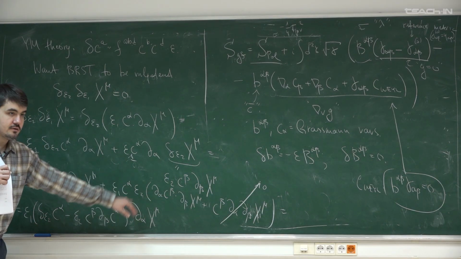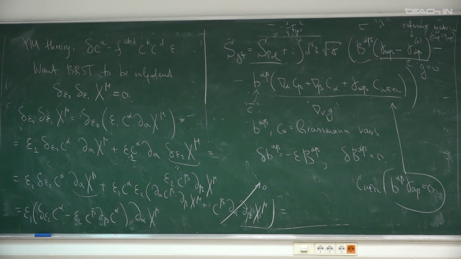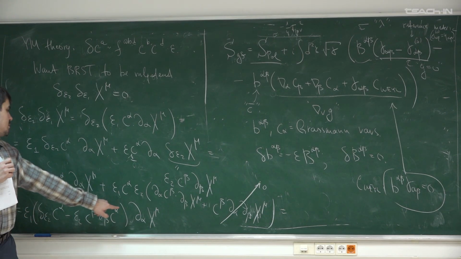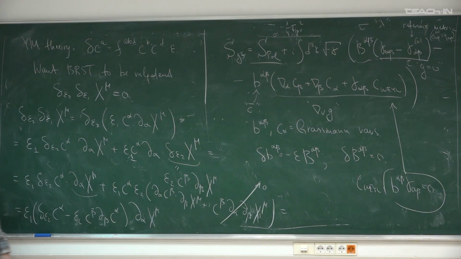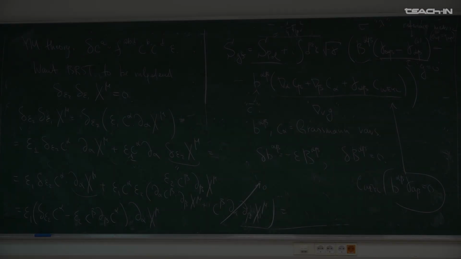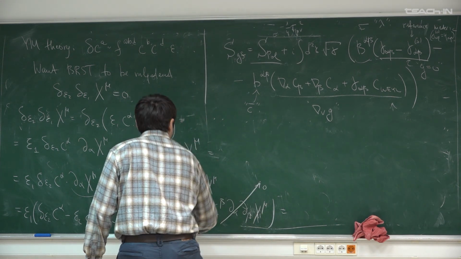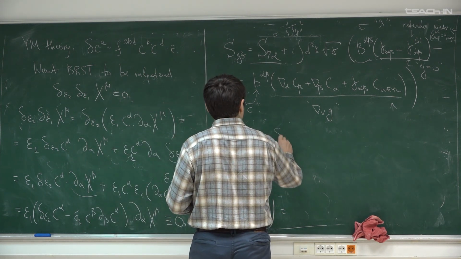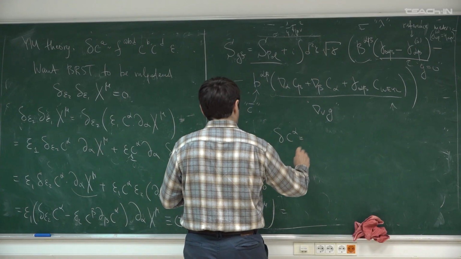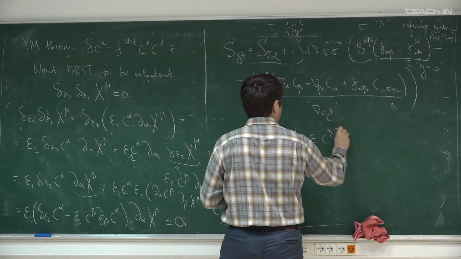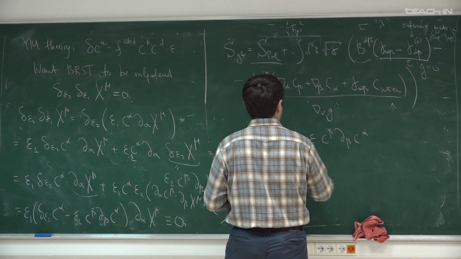The minus is because you commute epsilon 2 with this guy. If you want this to be 0, then this bracket has to be 0, and this gives you the transformation of C. So this gives you that delta C^alpha is epsilon C^beta d_beta C^alpha.